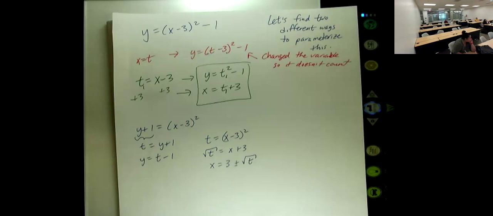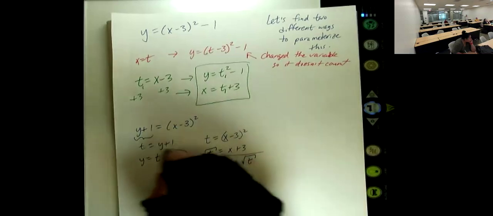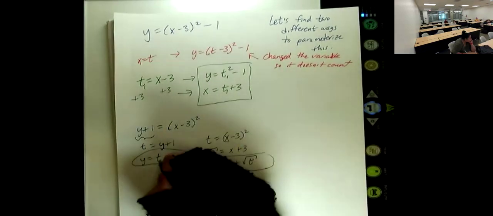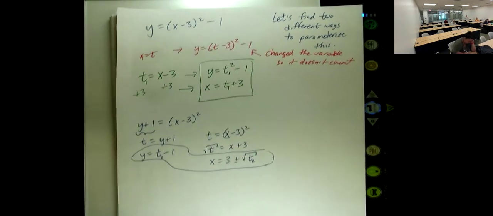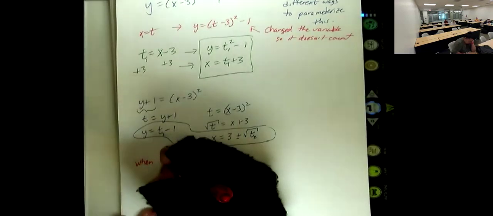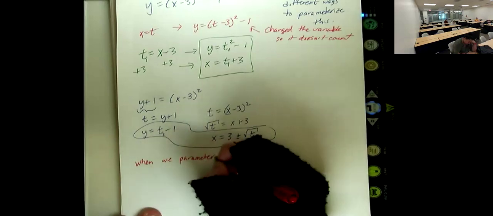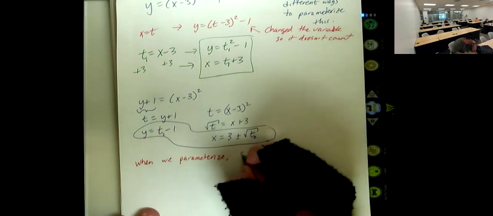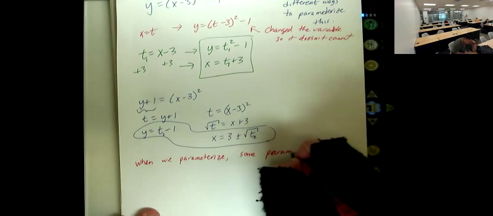Anything else we could do, that's one form of parameterizing it. Another, so this would be like t2. They're different t's. The idea here is when we parameterize, sometimes it's helpful to parameterize a certain way. Some parameterizations are better than others.